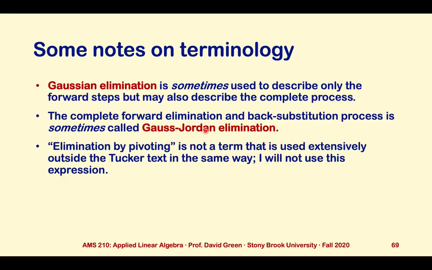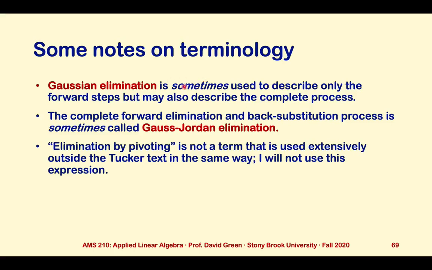All right. These are some of the terminology about the class of matrices that we get after forward elimination and back substitution. You also might see some different terms used for the elimination process. I've been using the term Gaussian elimination to describe the full process, and I've broken this down into forward elimination and back substitution.